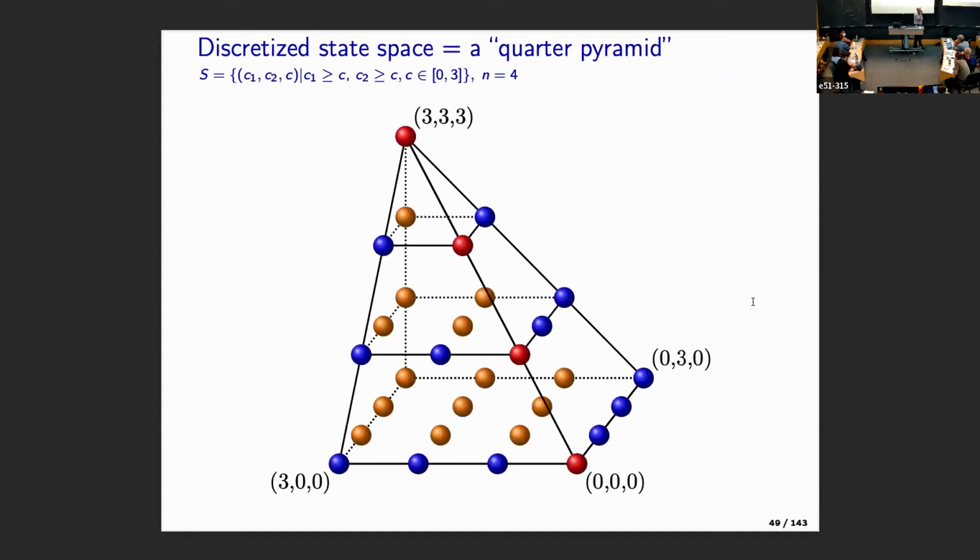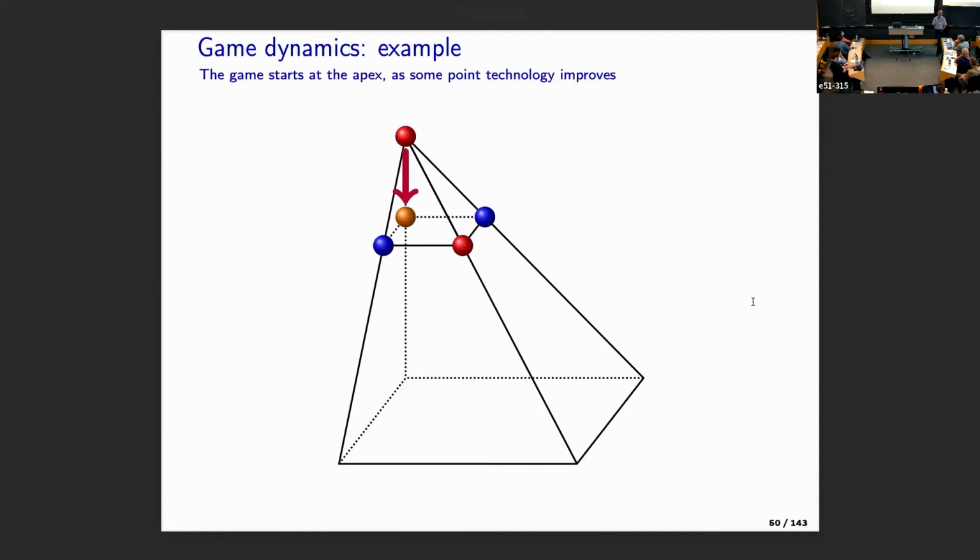So let's try to visualize this problem to get a better feel of what's going on. As I said, the state space is given by three numbers, so we're going to start drawing this pyramid. The axes are rotated in a slightly awkward way, but on the vertical one is the state of the art. And the two horizontal ones are the current marginal costs of production of the two competitors. Let's look at the possible dynamics of this game.